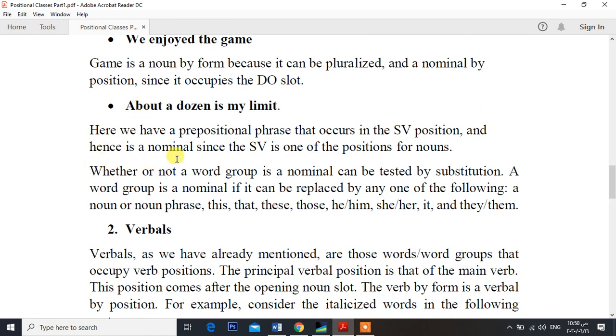Whether or not a word group is a nominal can be tested by substitution. There is a test by which we can identify the nominals.